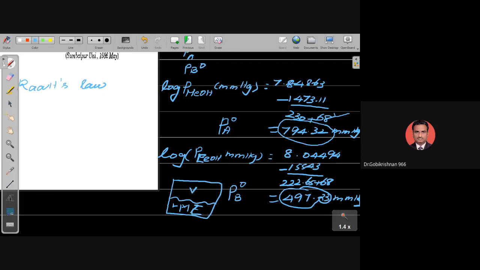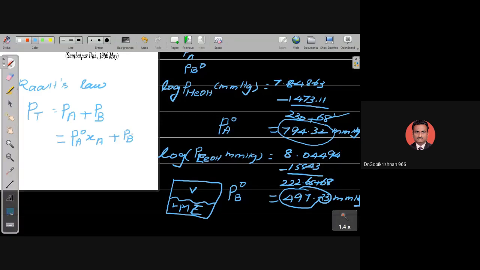First, we will start from the vapor. For the case of a vapor, the total pressure I can write as the partial pressure of the ethyl alcohol plus the partial pressure of the methyl alcohol. For the partial pressure of the methyl alcohol, I can write PA0 into XA, plus PB0 into XB.